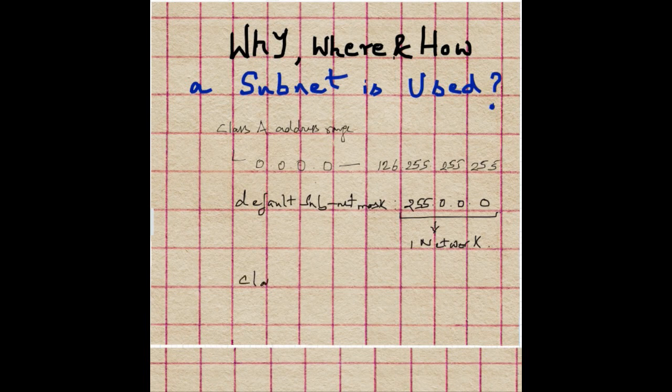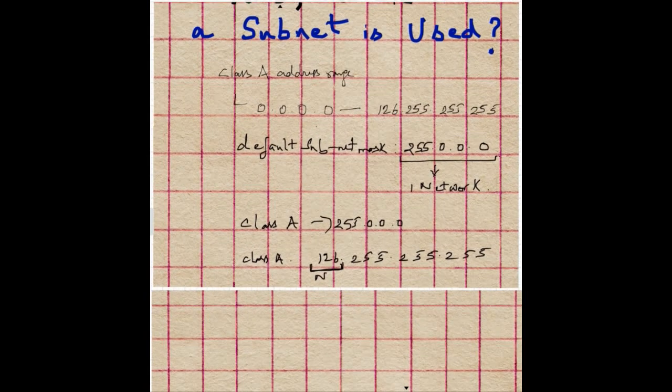So in class A address, the subnet mask is 255.0.0.0. The class A address range is till 126.255.255.255, and this is the network part in class A. And in class B, it starts from 128.0.0.0 to 191.255.255.250.